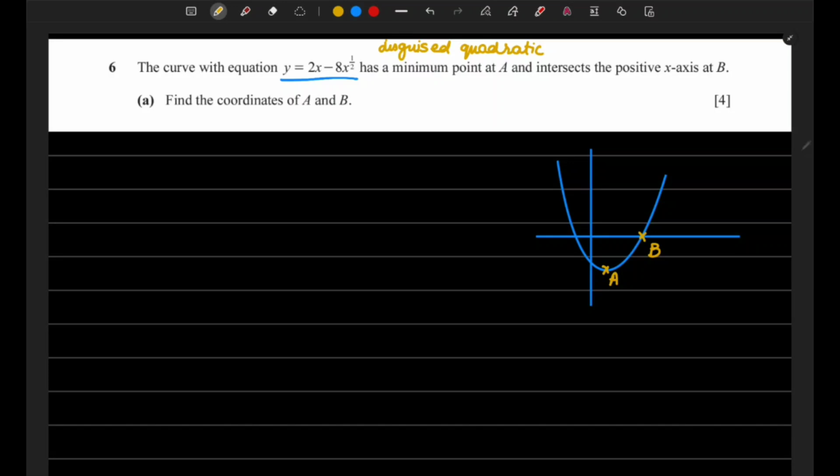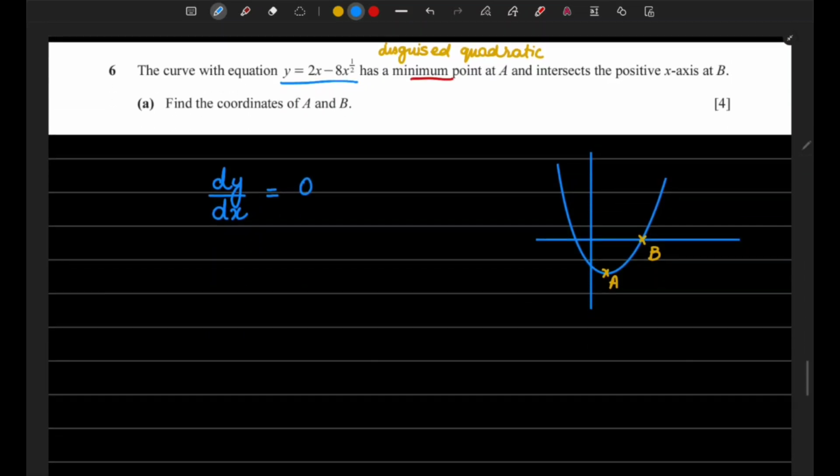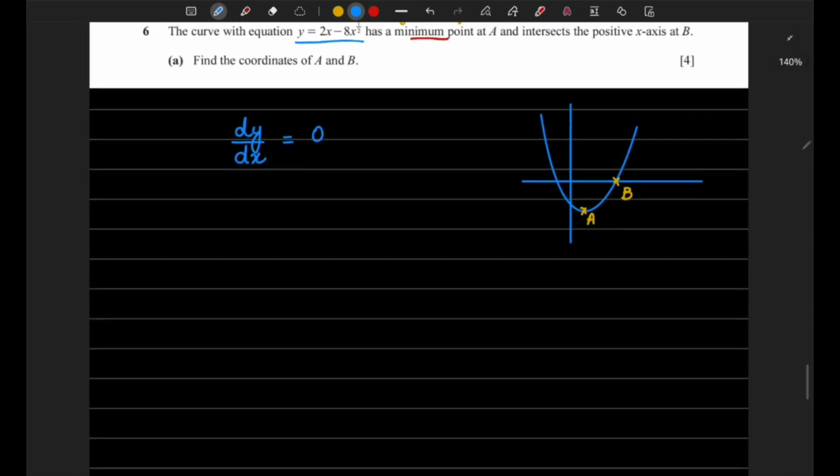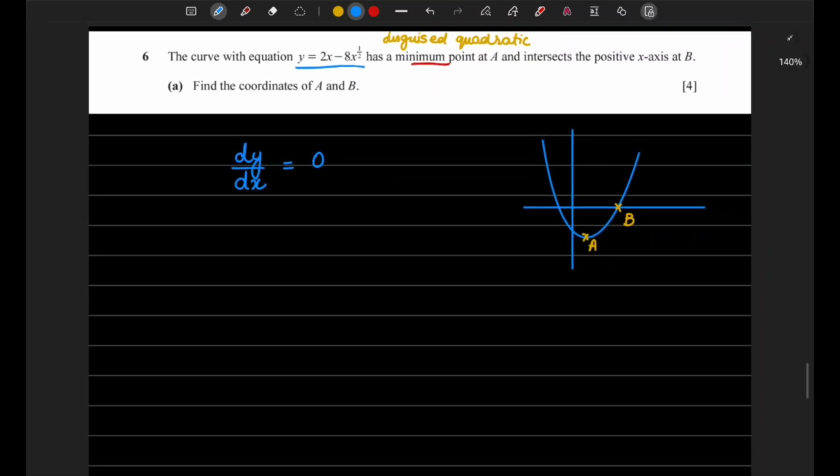Whenever we have a minimum point, that means it has a stationary point, and for the stationary point or turning point, or the minimum point, dy by dx is equal to 0. So first differentiate this. The derivative of y, 2x minus 8x to the power half, equals 0.